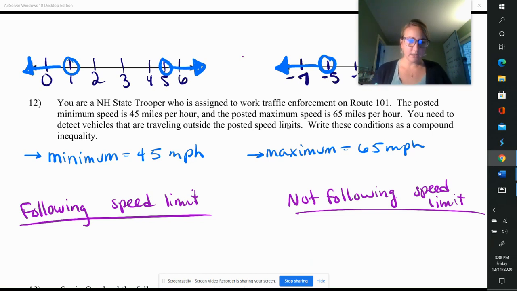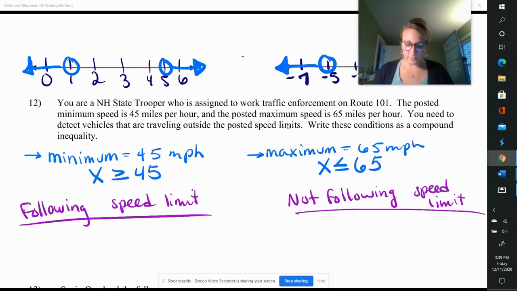So first, if the minimum speed is 45 miles an hour, we could translate that to be the speed needs to be greater than or equal to 45. The maximum speed is 65. We can translate that so that x needs to be less than or equal to 65.